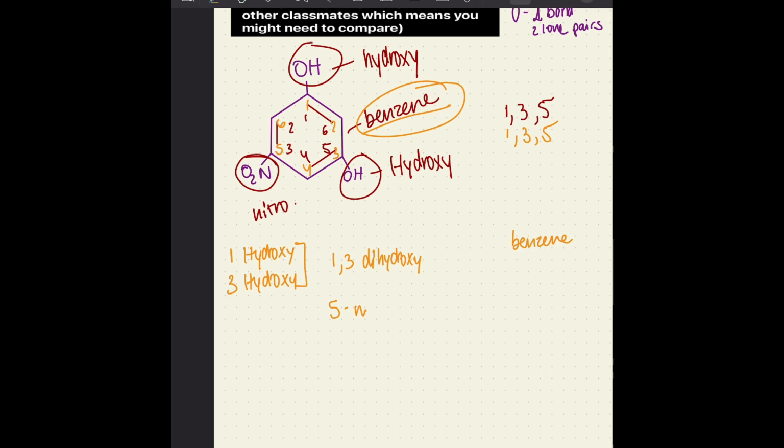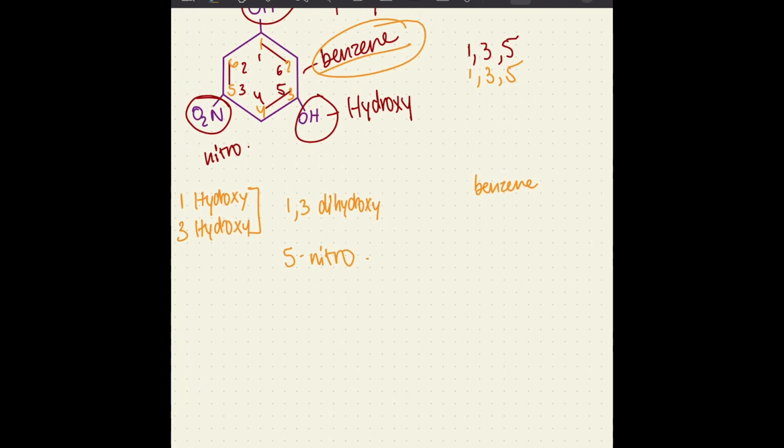So then it's 5-nitro. And then we organize this also alphabetically, and we don't count the number prefix. So it's going to be 1,3-dihydroxy-5-nitrobenzene. And that would be the name for this whole compound.